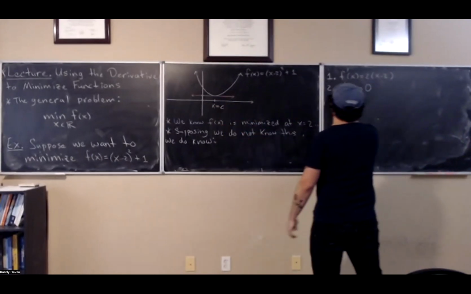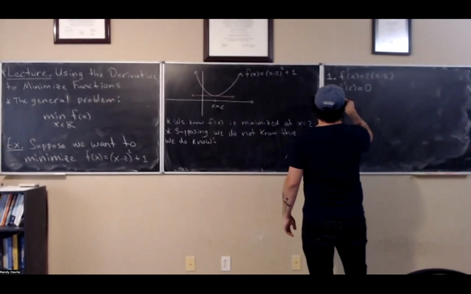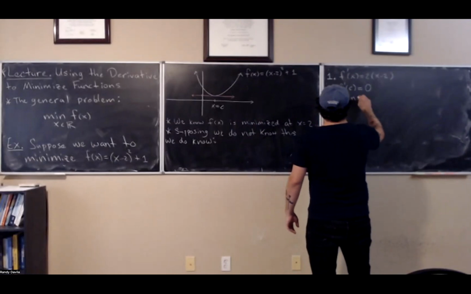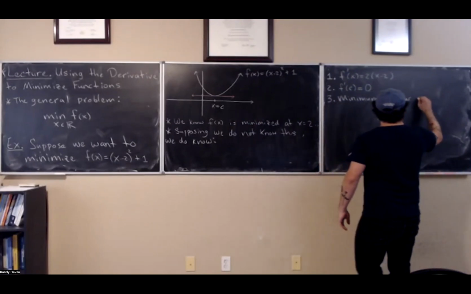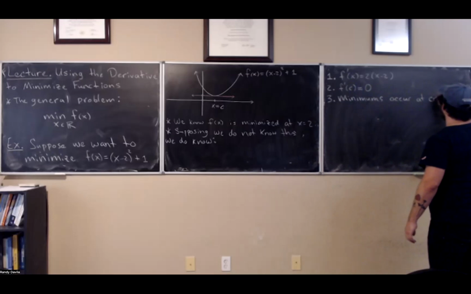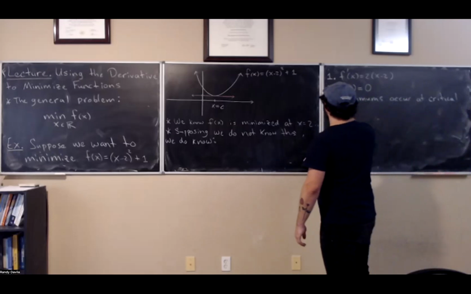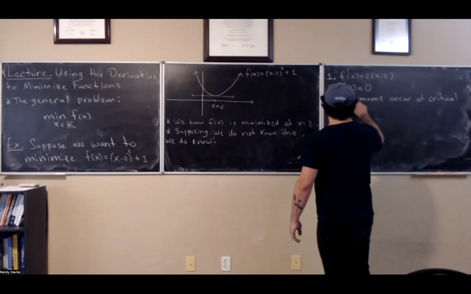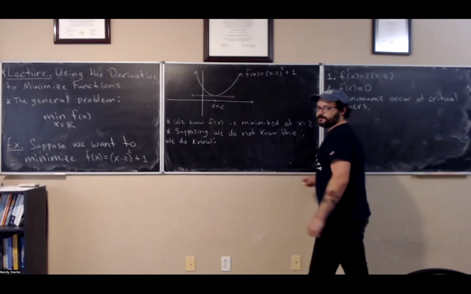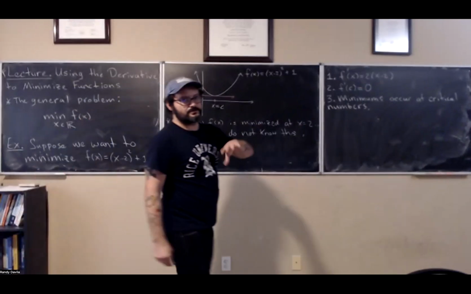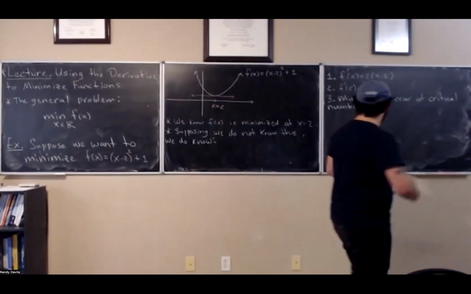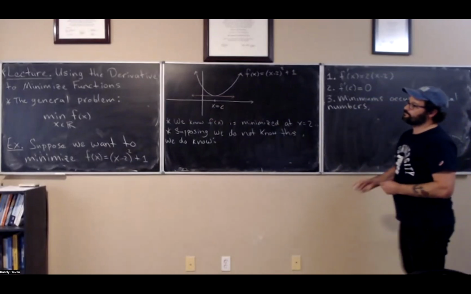So we know that minimums occur at critical numbers. And if you have watched those videos, recall that critical numbers are values where the derivative is either 0 or does not exist. Okay?